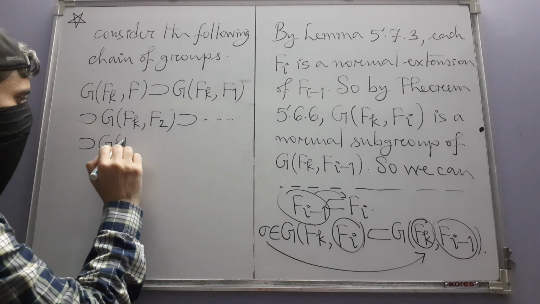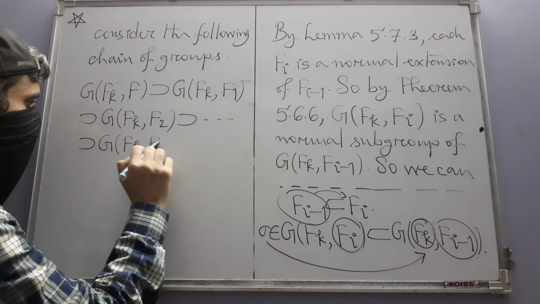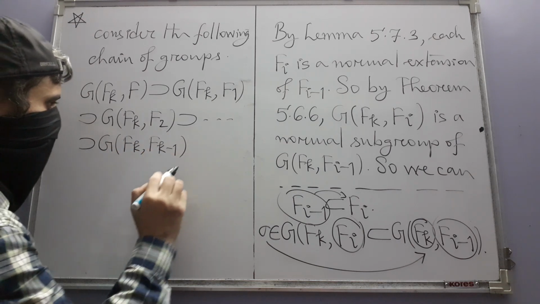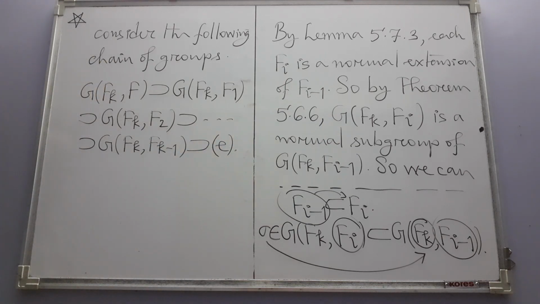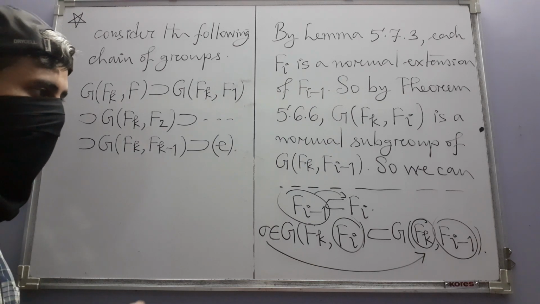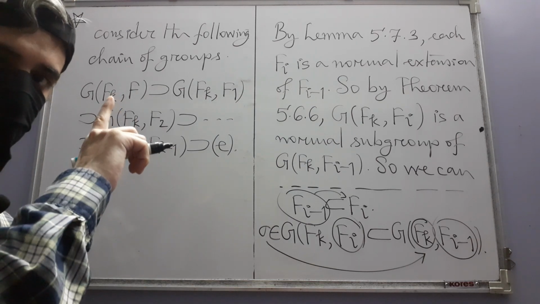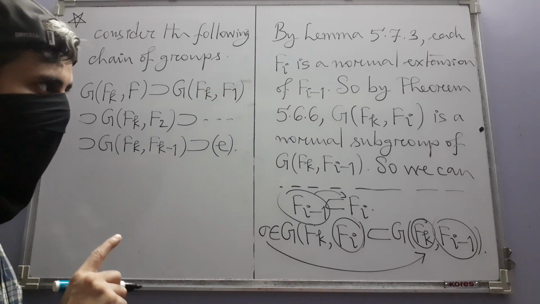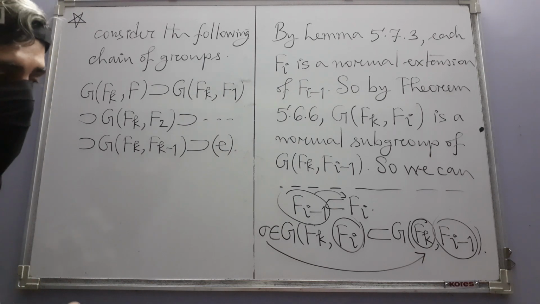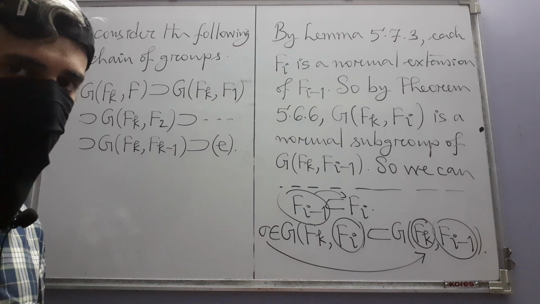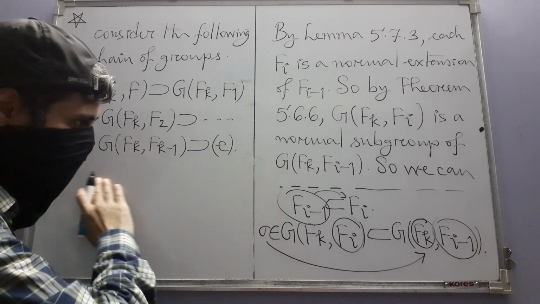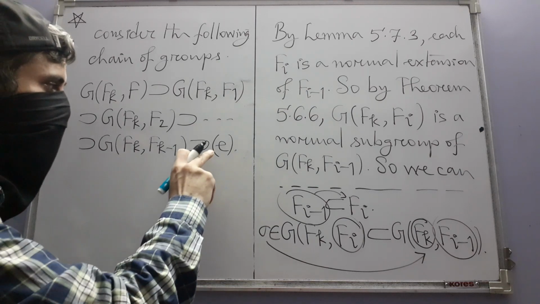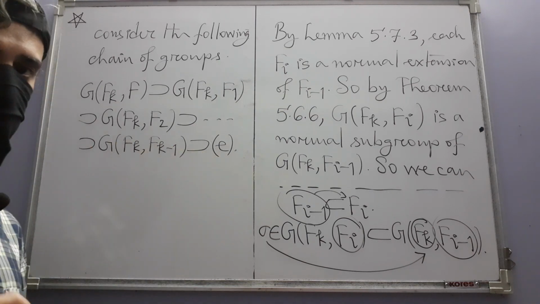Finally, we also have this, and in this chain we also consider the trivial group. Why? Because ultimately we have to show that the Galois group of our original polynomial P(x) is solvable. So we want to have solvability, and solvability by definition considers such a chain of subgroups. At one end of the chain we have the trivial group, that's why.